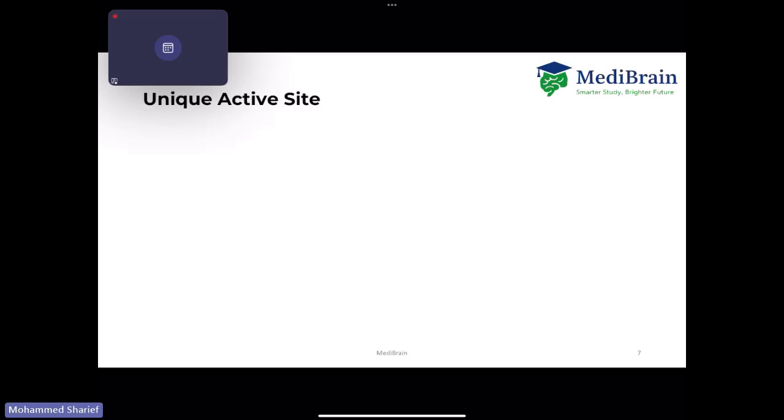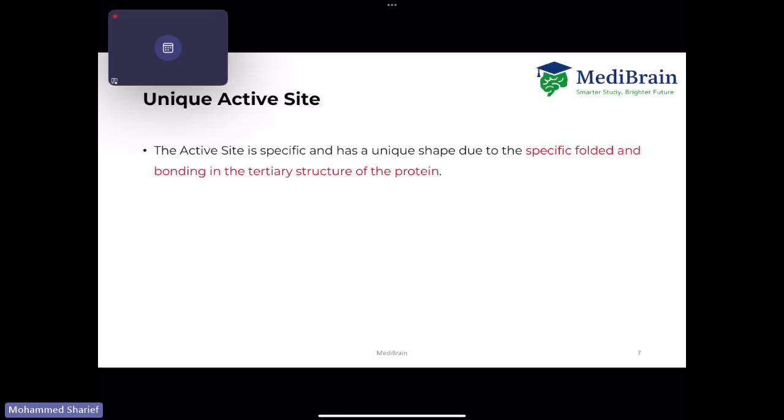Now going into a bit more depth on the unique active site. The active site is specific, and has a unique shape due to the specific folding and bonding in the tertiary structure of the protein. Remember, in the tertiary structure we have hydrogen and ionic bonding.